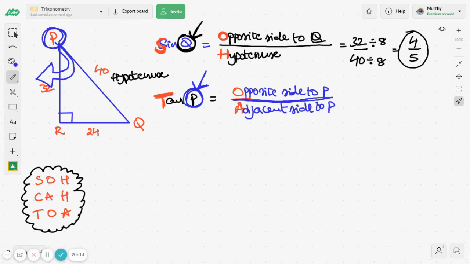Therefore, opposite is 24 units over adjacent is 32 units.